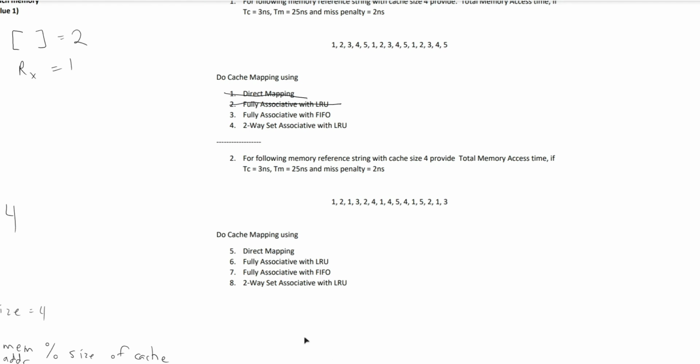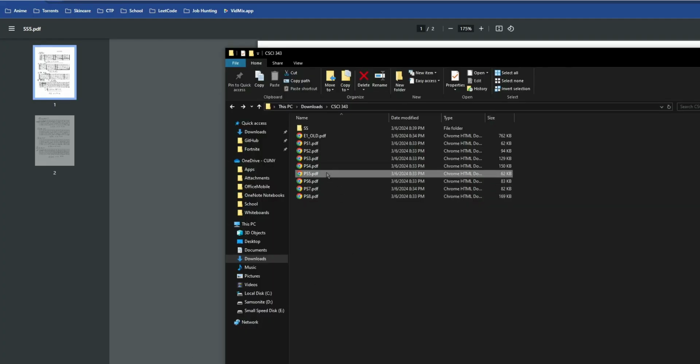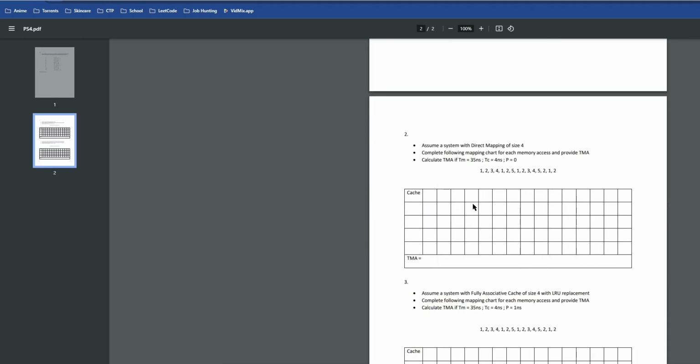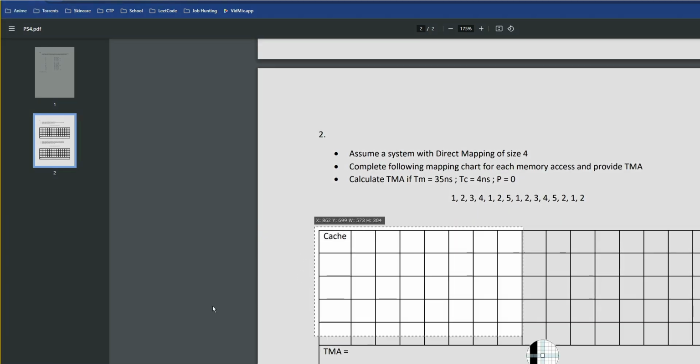Okay, so let's see. 1, 2, 3. Maybe I can just copy the thing from the previous problem set, right? I can just copy this.